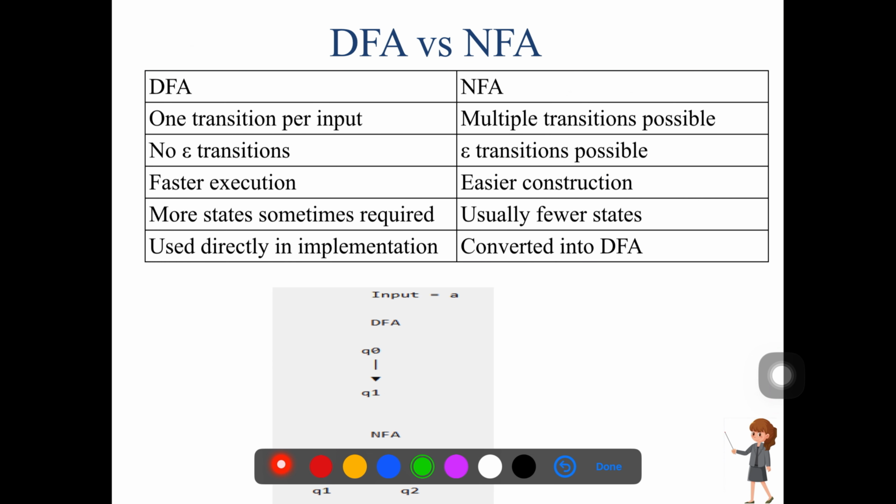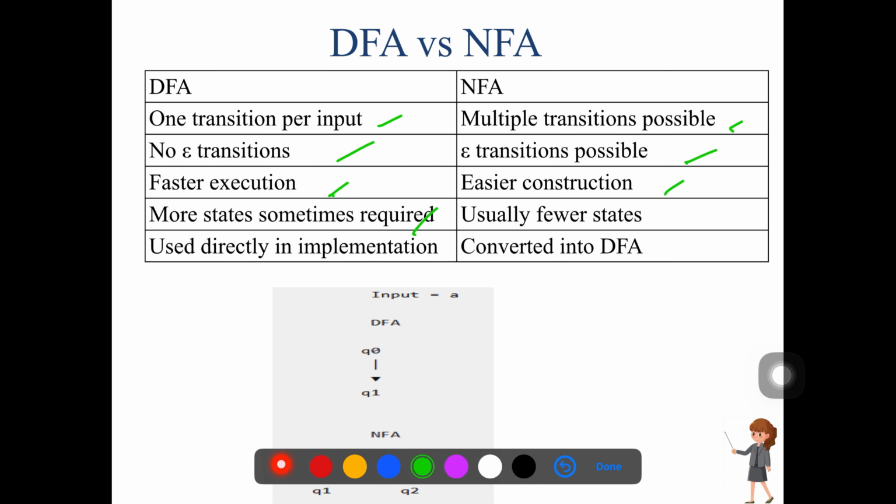DFA versus NFA. DFA, one transition per input. NFA, multiple transitions possible. DFA, no epsilon transition. NFA, epsilon transition possible. DFA, faster execution. NFA, easier construction. DFA, more states sometimes required.